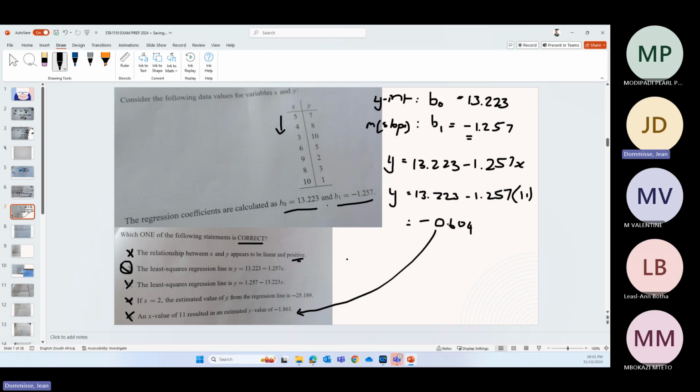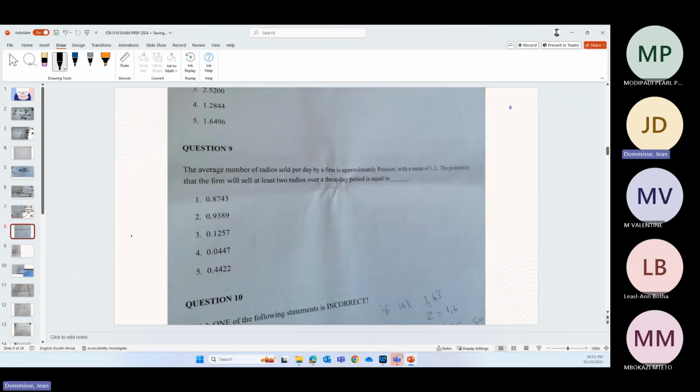You also don't need to put this in your calculator, because they give you the y-intercept, they give you the slope. So you can work out all the other things just with that information. This was also out of study unit 11. Okay, let's go to the next one.